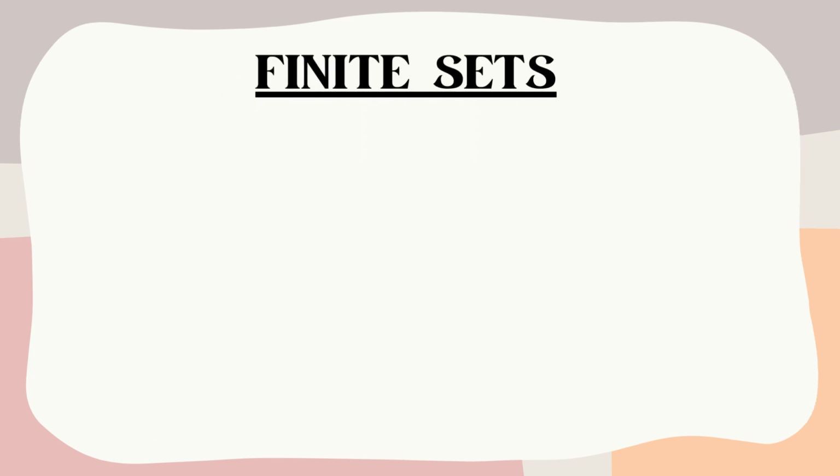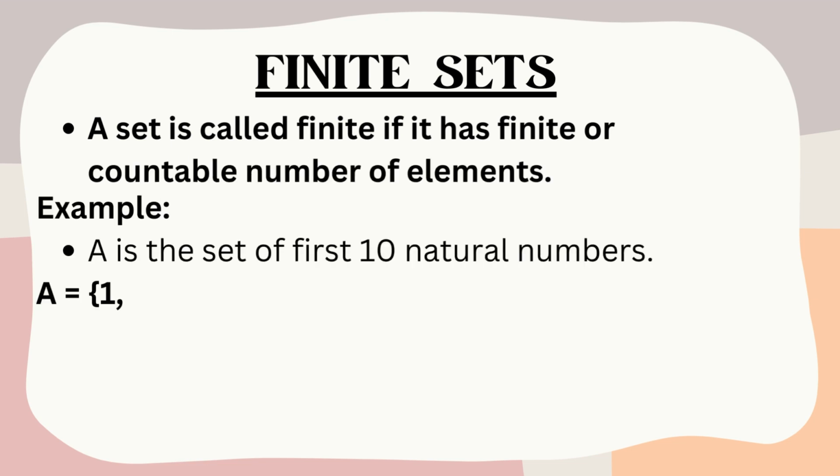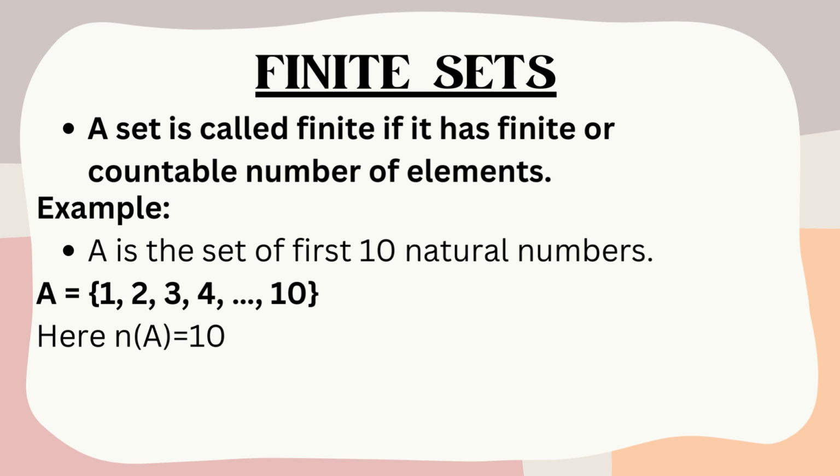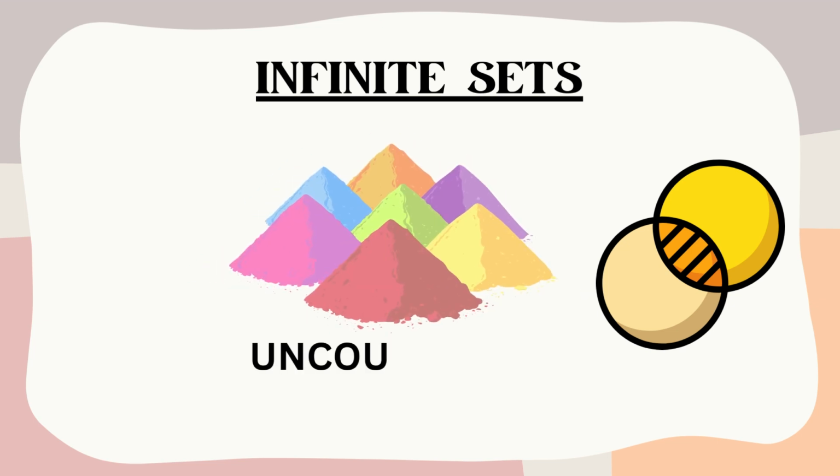Finite sets are sets in which you can count the number of elements. For example, over here, in set A, the first 10 natural numbers, you can easily count the numbers from element 1 up to element 10. And the total number of elements in set A is equal to 10. However, for infinite sets, the elements are uncountable.